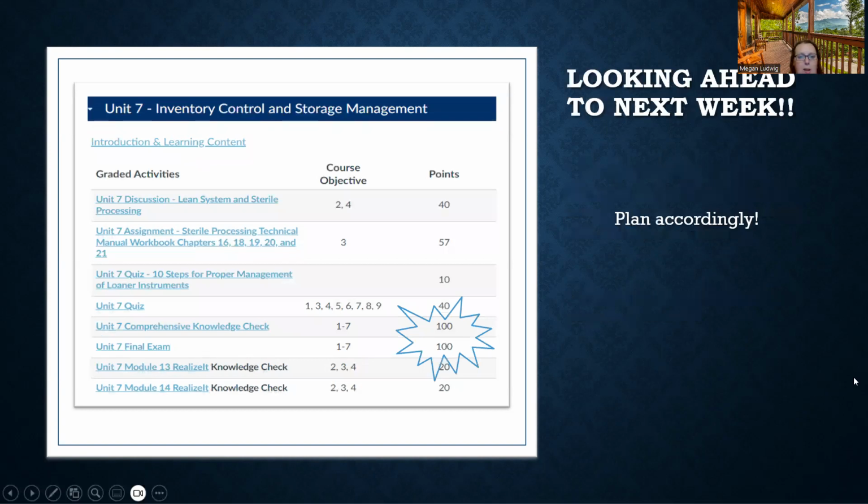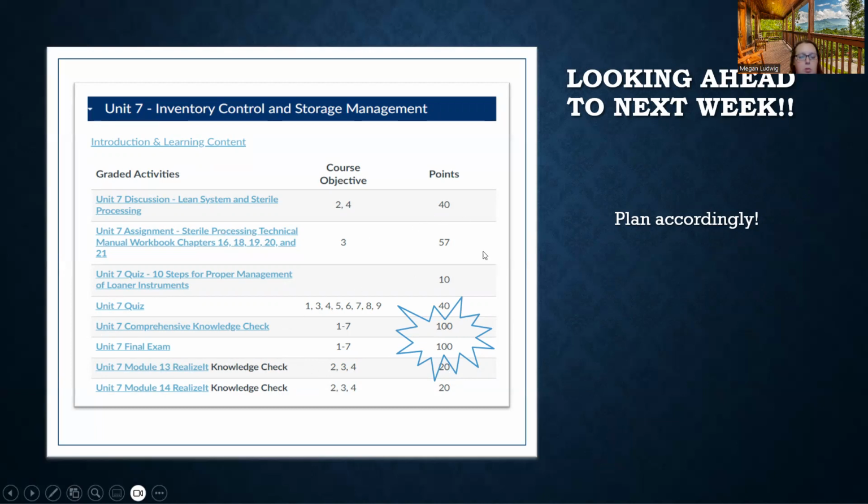We're going to look ahead for next week as well, because sometimes in the past some of my students have not looked ahead and didn't realize how much is due the week before the quarter closes, because you have two very large 100-point items here that are due next week. Okay, so this is not for this week, this is for next week.